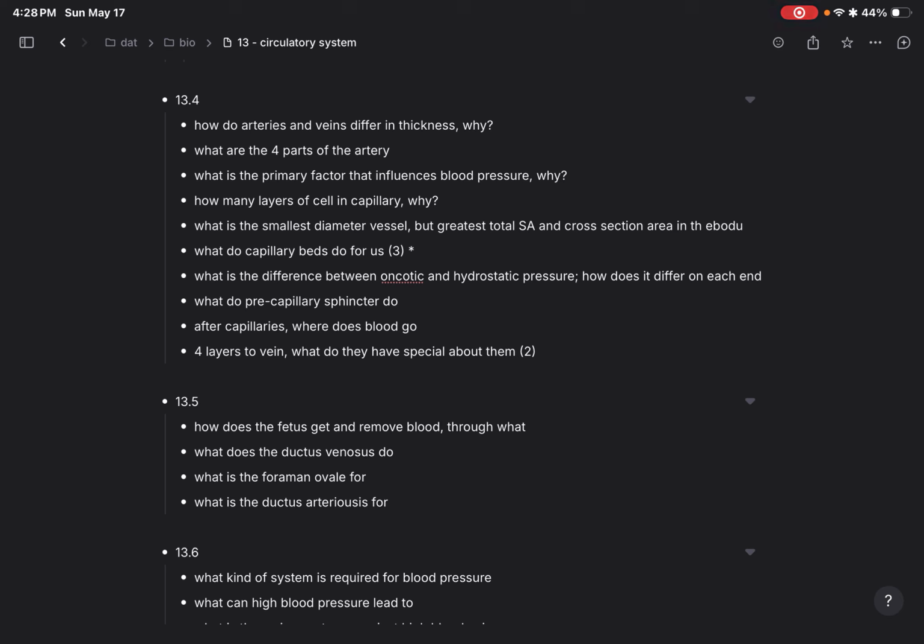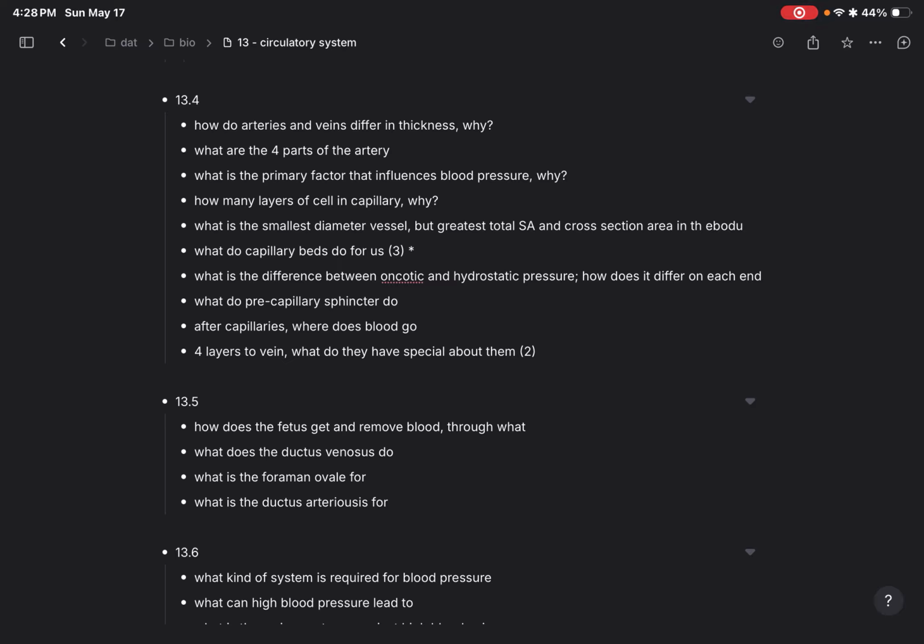Okay. So they have the inner layer composed of endothelial cells, simple squamous epithelium. Tunica media, the middle layer, smooth muscle cells and elastic fibers. Outer layer, connective tissue. So they have three layers.